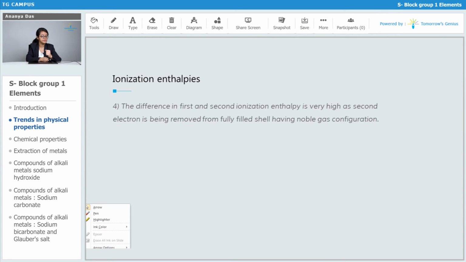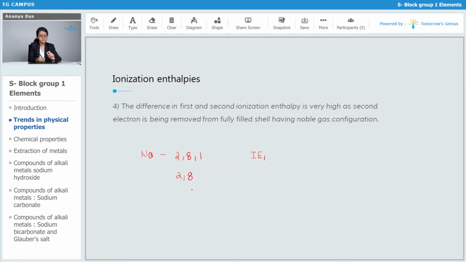For example, sodium has the configuration 2, 8, 1. So, the first ionization enthalpy refers to knocking out the one electron from the outermost orbit, which is less because by knocking that out you will get a stable electronic configuration with 8 electrons in the outermost shell, so a stable octet.